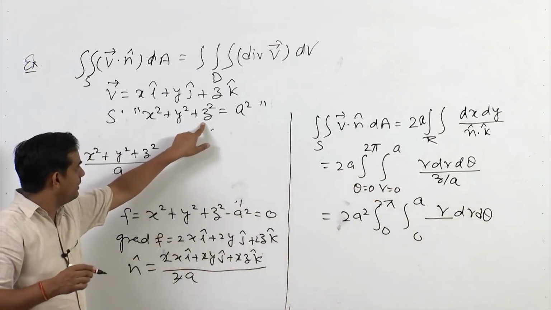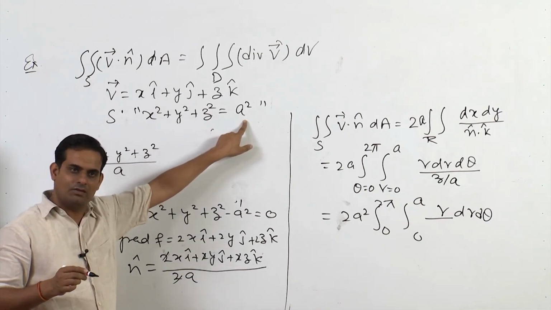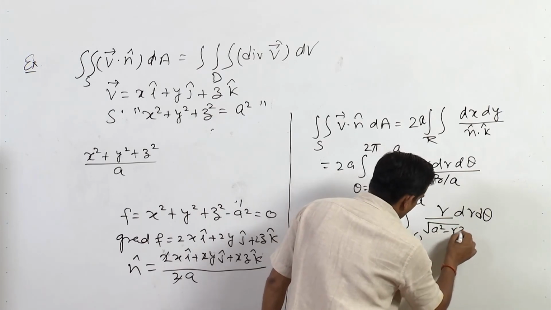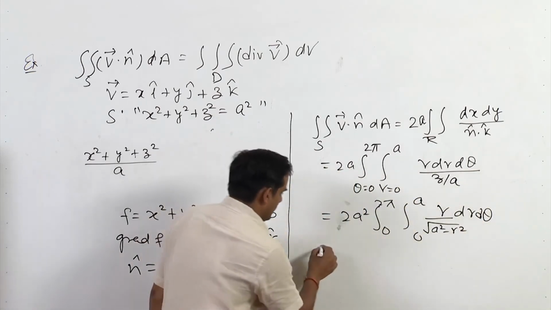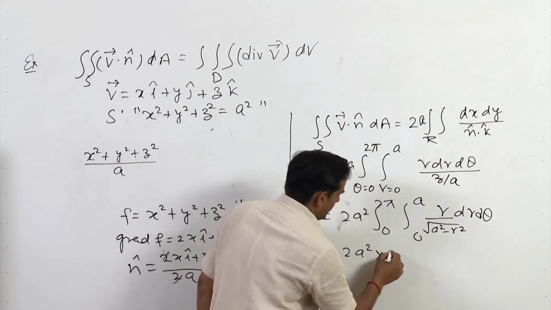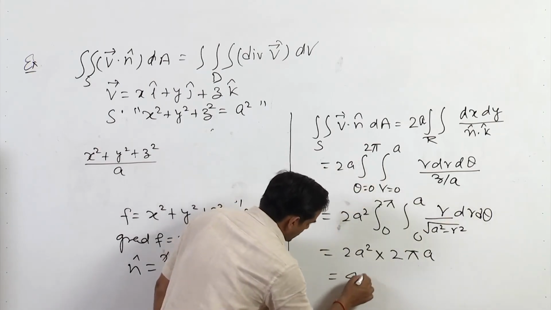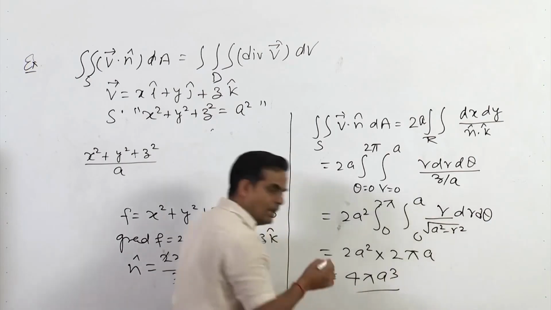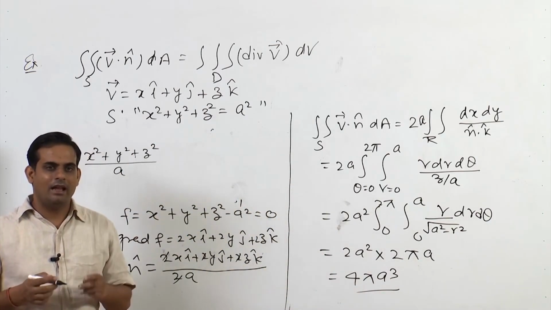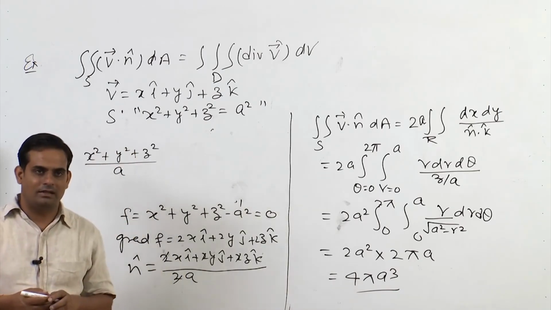For the upper hemisphere z will become square root of a square minus x square minus y square. So basically this is a square minus r square. So twice a square, and then this comes out to be 2 pi a. So this comes to 4 pi a cube, which is the same as we had on the right hand side. Hence the left hand side equals the right hand side, and the theorem is verified.